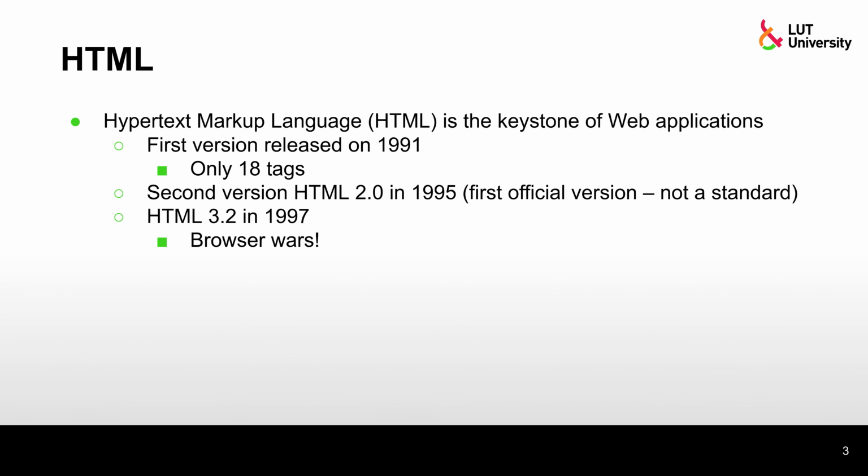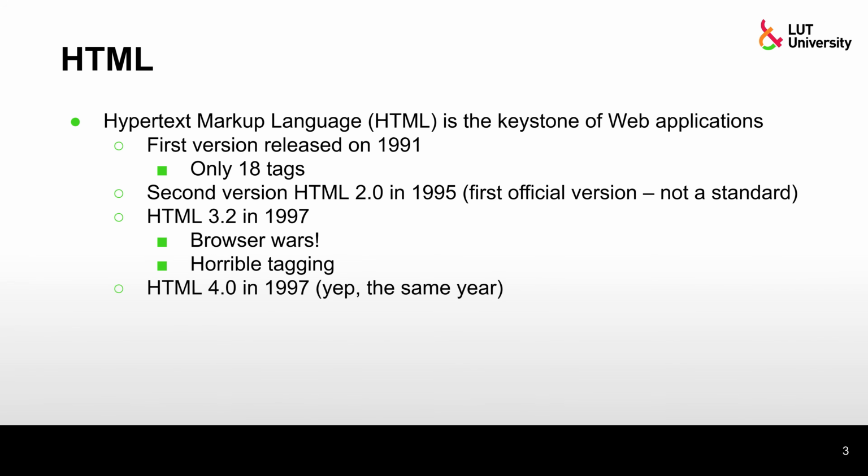HTML 3.2 was reflecting that, in the sense that the browsers wanted to make a lot of new tags and features that were not what HTML actually was, but what browser manufacturers, Netscape and Microsoft, wanted to build into HTML. This HTML 3.2 was really a mess. It had really horrible tagging, and HTML 4.0 was released in the same year.